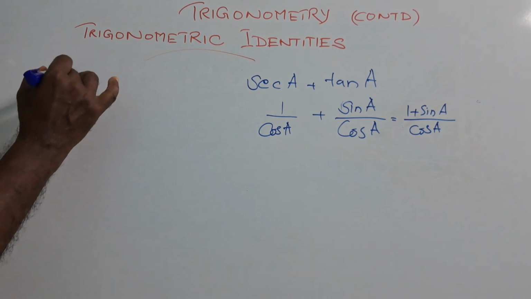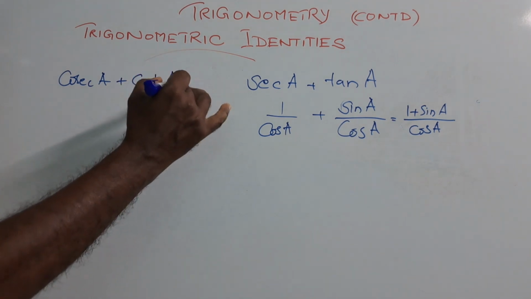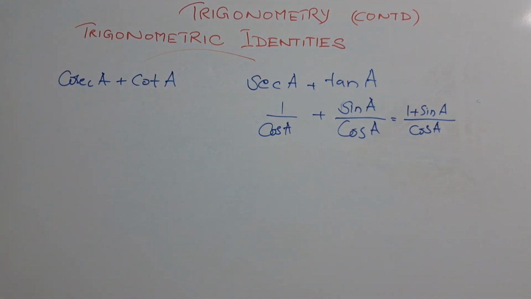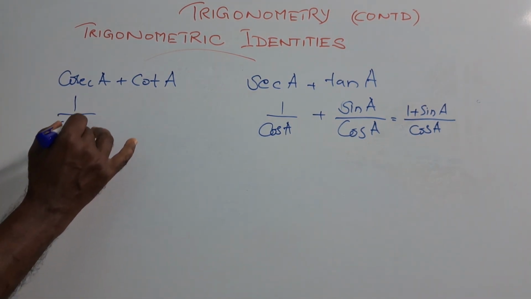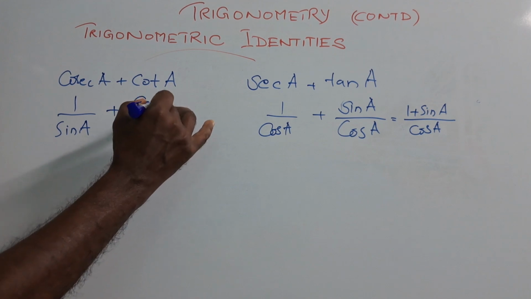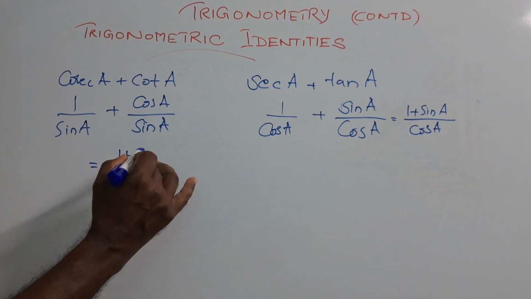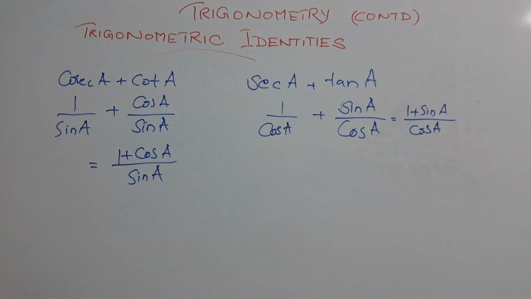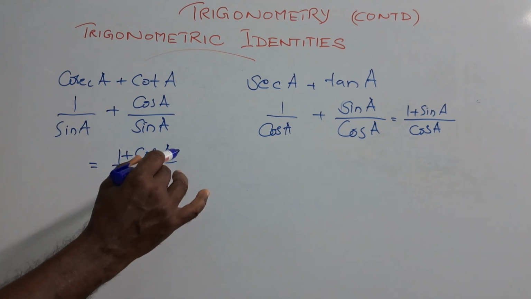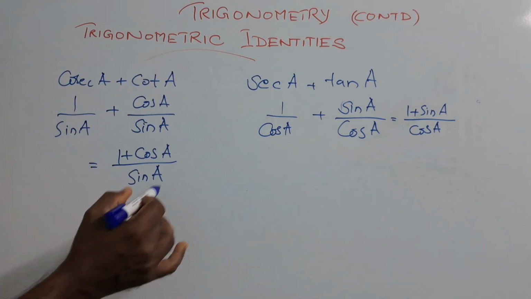Similarly, cosec A plus cot A can also be expressed as two fractions having the same denominators. Cosec A is 1 by sin A. Cot A is cos A by sin A, which can be simplified as 1 plus cos A by sin A. Again, if this is the expression, you can change it into this form.